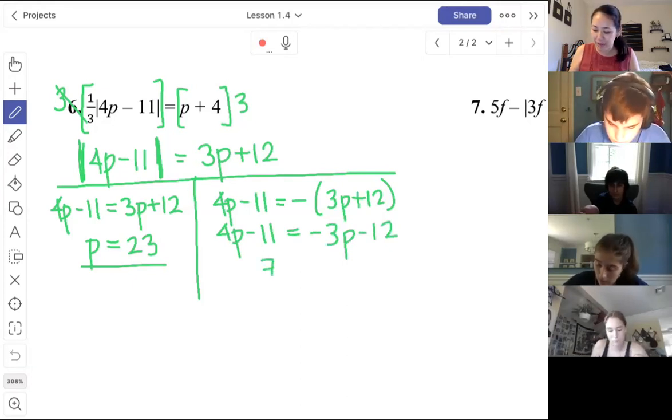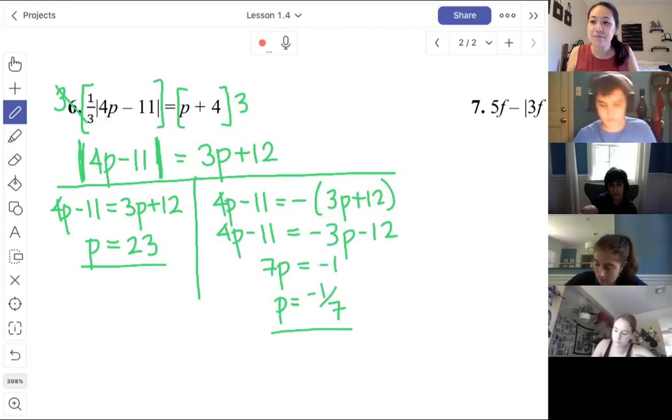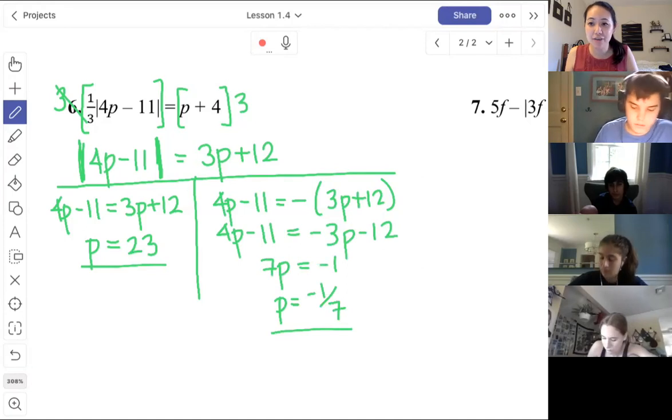Add the 3p over to get 7p. Add the 11 to get negative 1 on the right. And get p is equal to negative 1 over 7. Okay, now, before I continue, any questions up to this point?